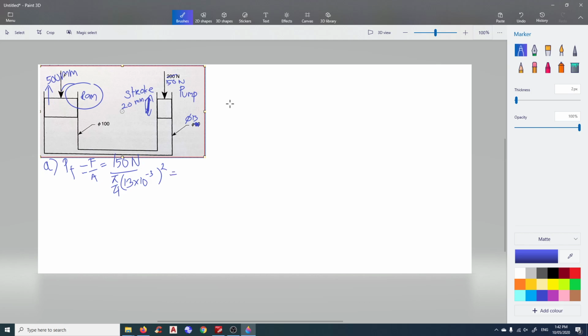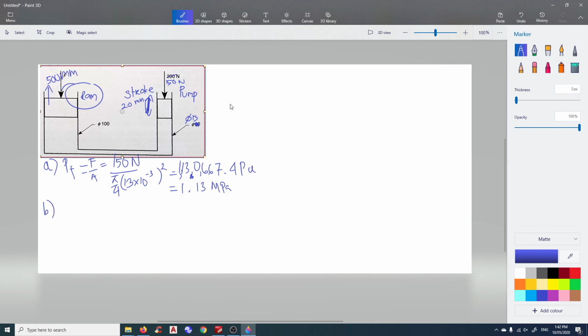So the hydraulic pressure here is 1,130,667.4 Pascal, or 1.13 megapascal.